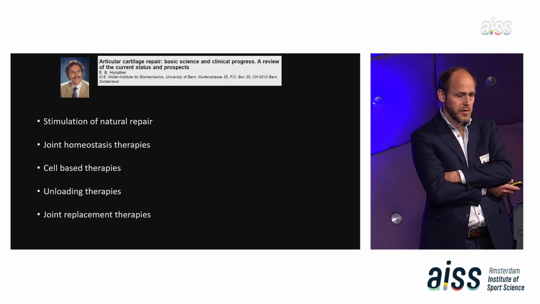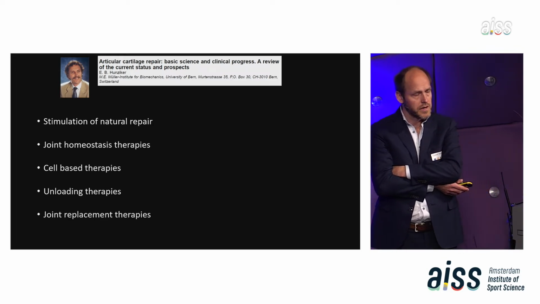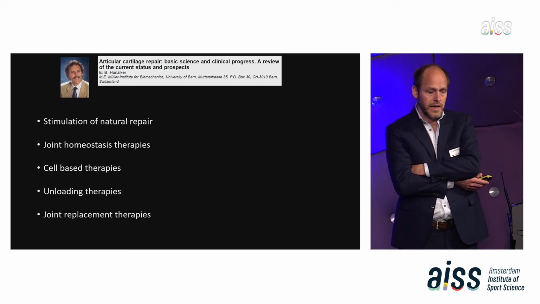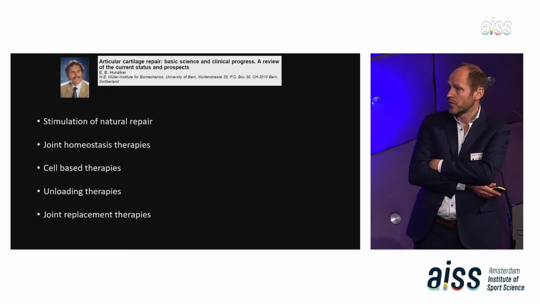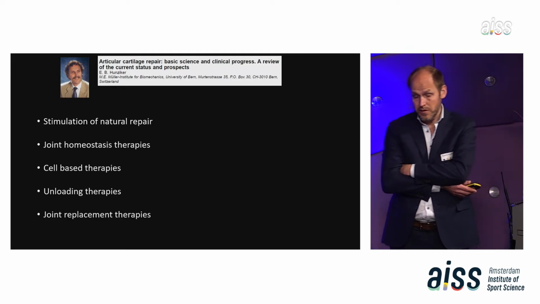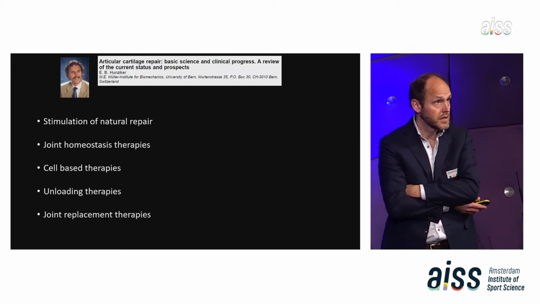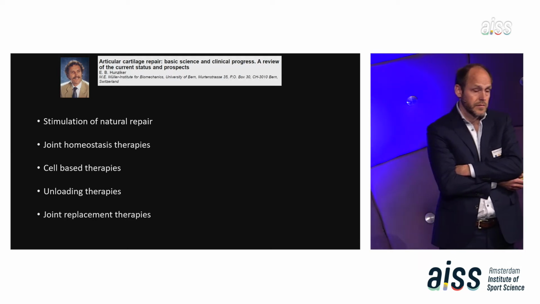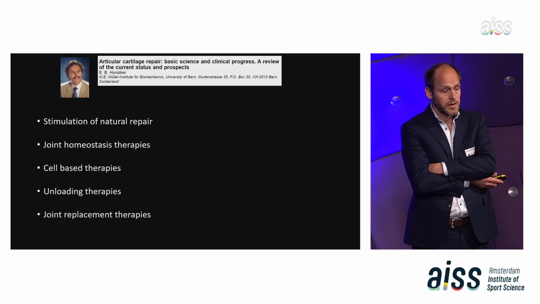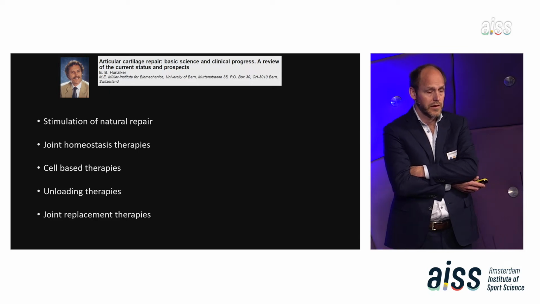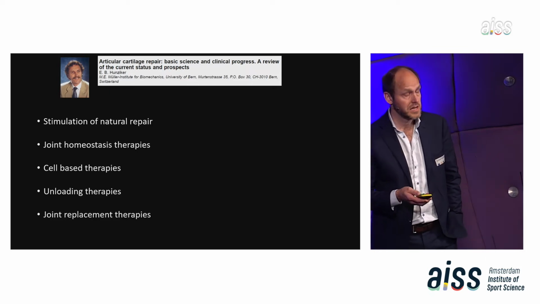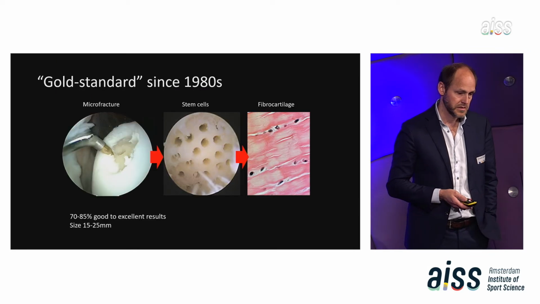Stem cell therapy is upcoming. A lot of research is done on stem cells. And there are surgical therapies in the corner of unloading and joint replacement, where, of course, joint replacement is suffering from its success. They're so successful that even people at younger ages receive joint replacement therapies. And I'm talking about knee and hip prostheses, but also the other joints.